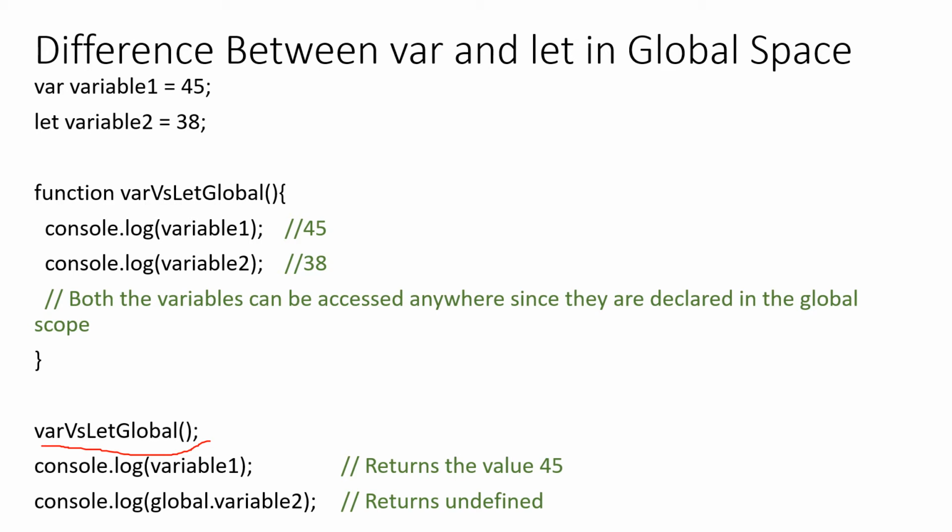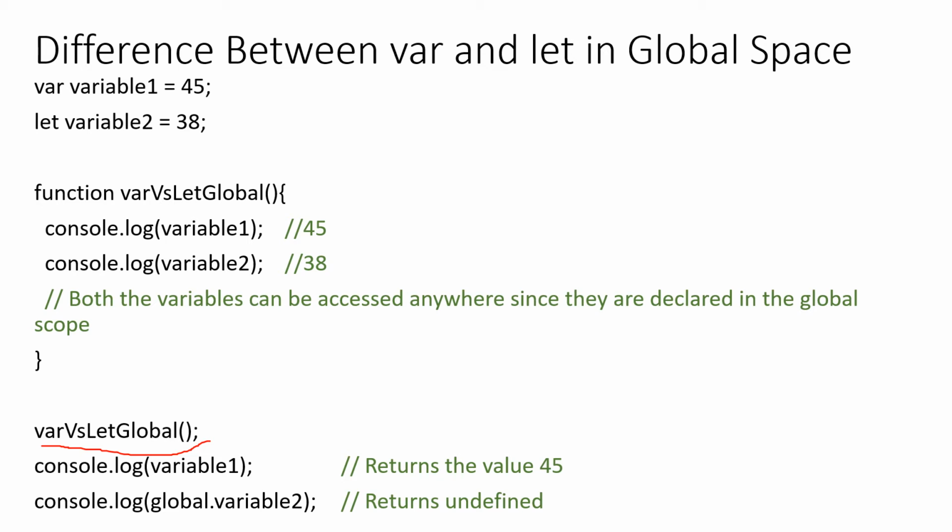So what is the value of variable1? As we are not declaring it in the function scope, it will check in the global scope. We find variable1 in the global scope, and the value is 45, so it will console log 45. Then it moves to the next console.log(variable2). It doesn't find it in the local scope, so it goes to the global space, finds the variable, which is 38, and gives us the value 38.